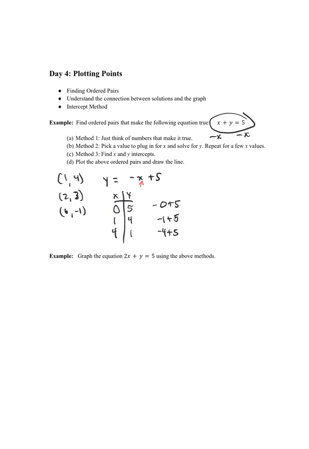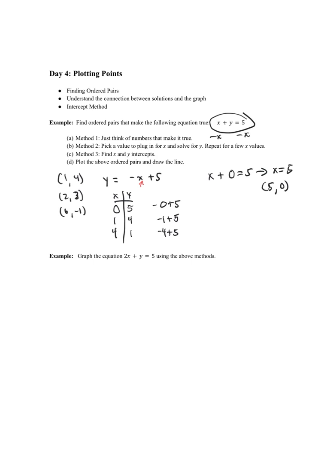Sometimes it's also helpful to find your x and your y intercepts. If you're going to find your x-intercept, you just plug in y to be 0. So x plus 0 equals 5, which gives you x equals 5. So that would be (5, 0), your x-intercept.